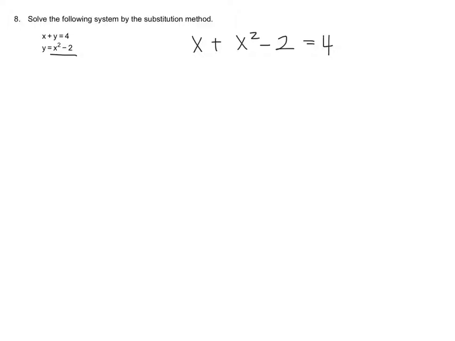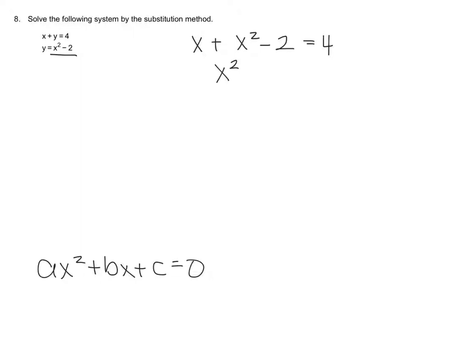Now this is a quadratic equation. It's in the form ax squared plus bx plus c. So I'm going to set this equation equal to 0 in order to solve for x. First, I'm going to rewrite the left side so that my x squared term is first.